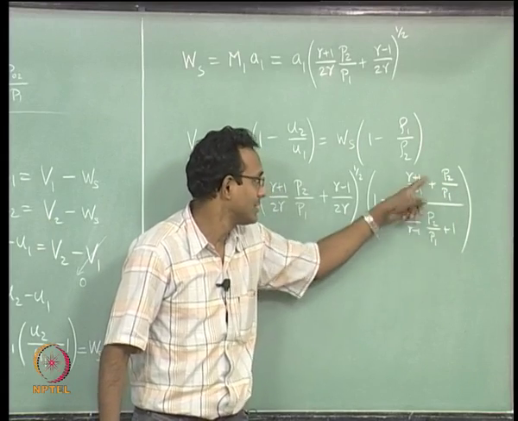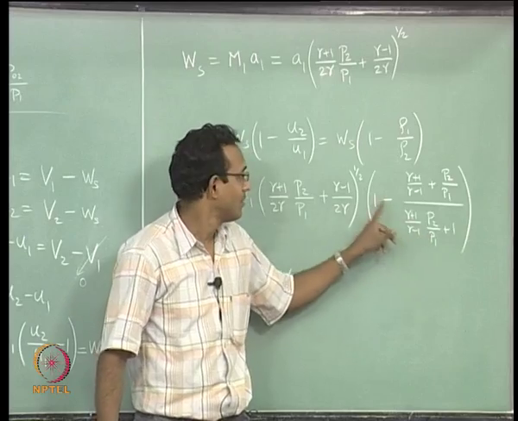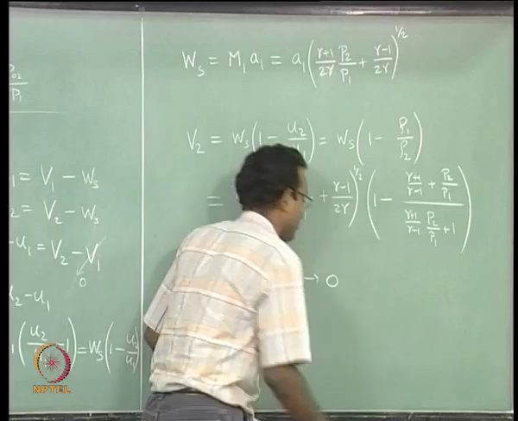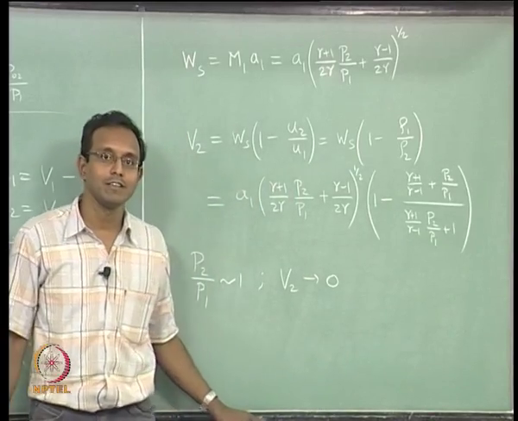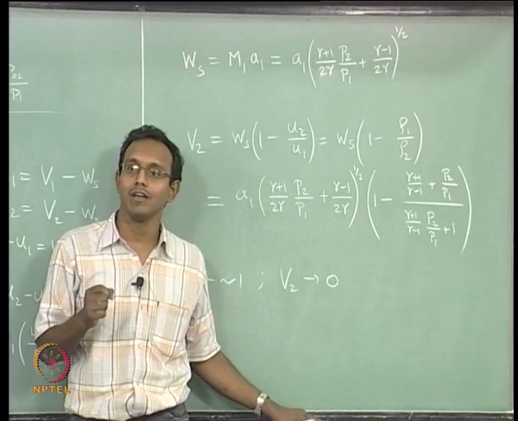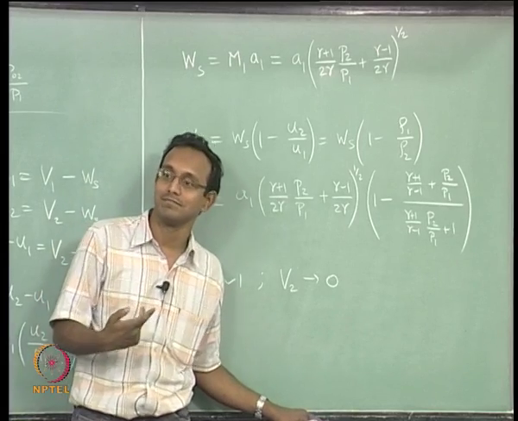So, these two will just become 1 overall, 1 minus 1 becomes 0. So, my V2 tends to 0. That means, if it is a very weak compression wave, there is no flow behind it.